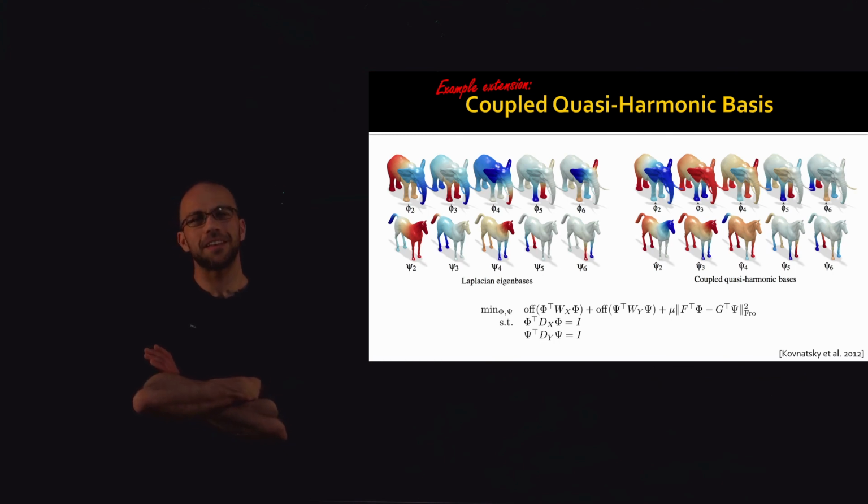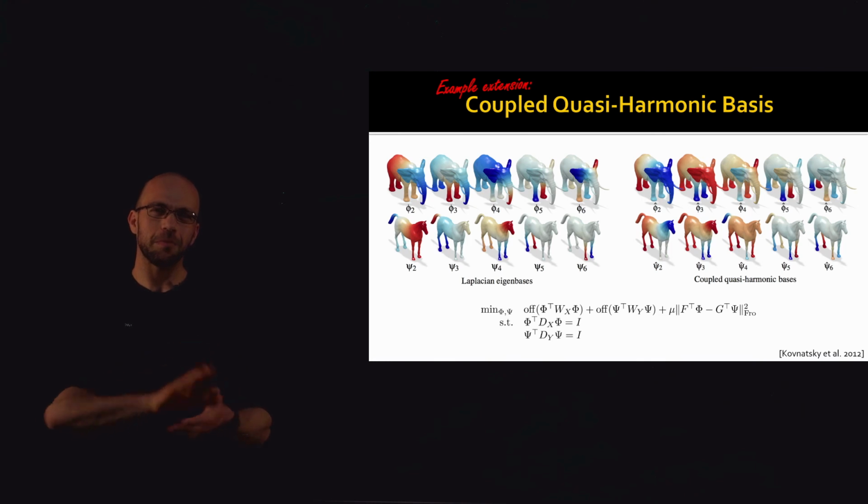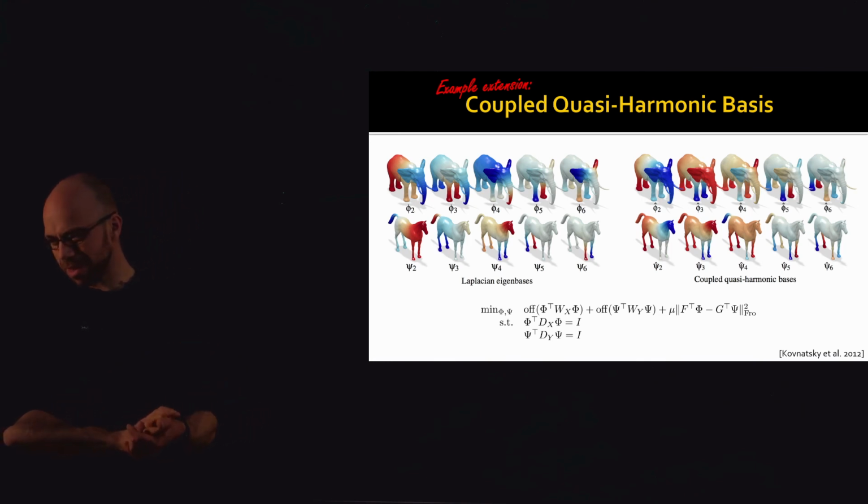So for instance, maybe a more localized basis would create a sparse functional map matrix because it takes parts to parts. Or maybe for non-isometric surfaces, you try to compute a basis for functions on the two surfaces that makes them look a little bit more isometric or diagonal. That's what this coupled quasi-harmonic basis idea was trying to do back in 2012 or so.